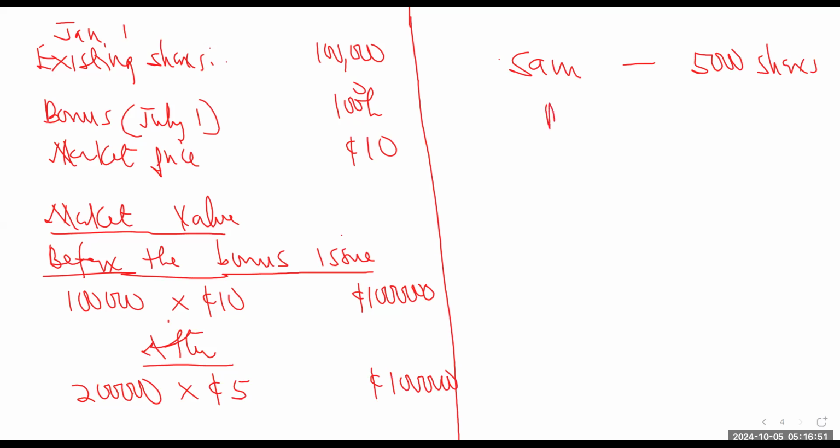So let's have before and after. Before, Sam will be having 5,000 at 10 cedis. That gives us 50,000, isn't it?